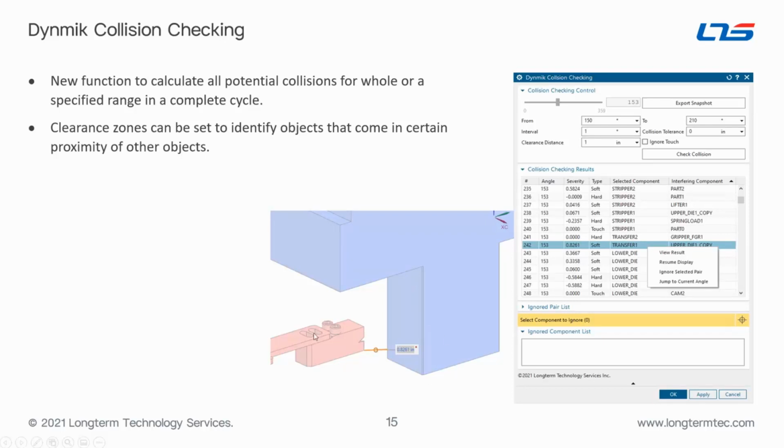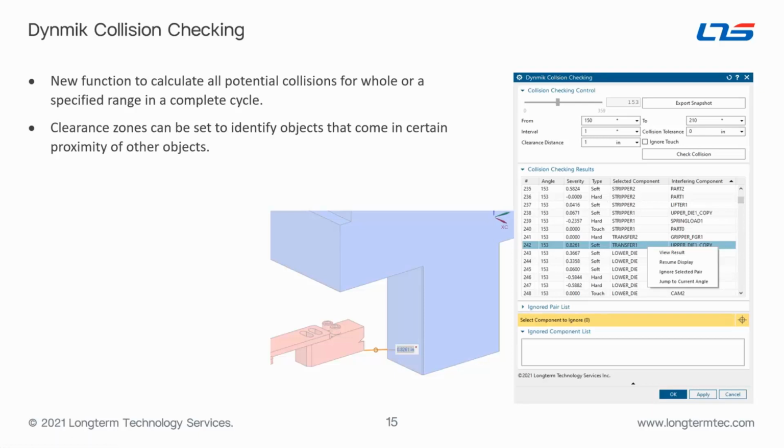So we need to maintain that much distance always. And how can we ensure that we are maintaining that distance? This is one example here, what you see here, 8261. It is also reported here, 8261 here as well. And all these kinds of clearance zones will be reported as soft clearance or soft interference type. So there are three types of results being displayed here. One is the hard, when you have potential actual interference.